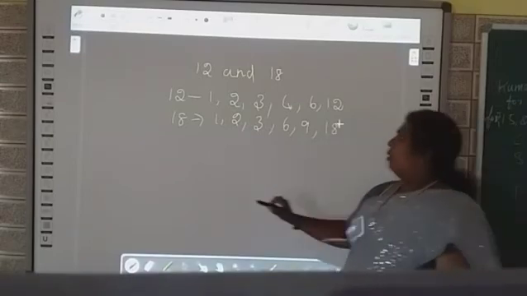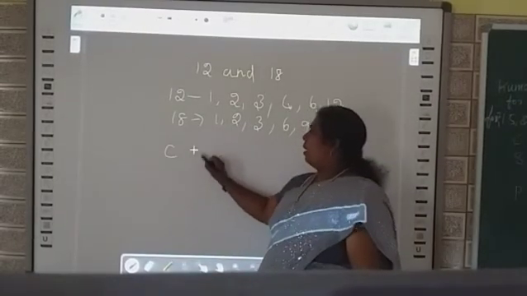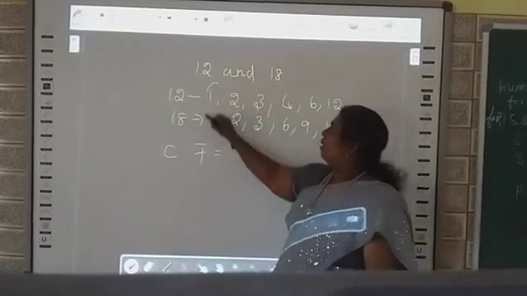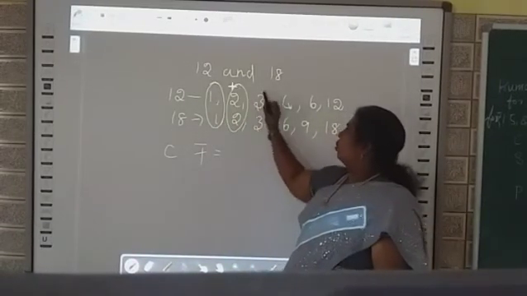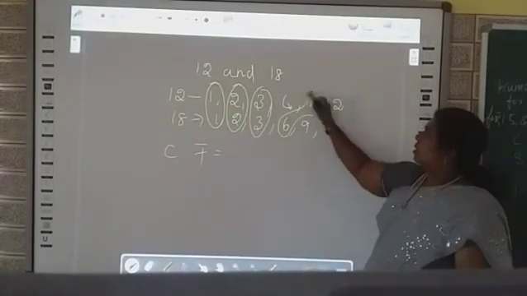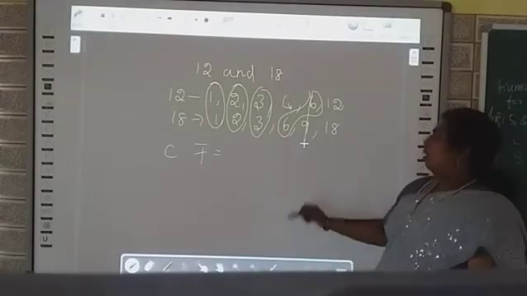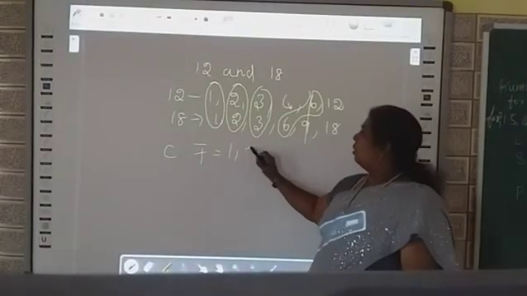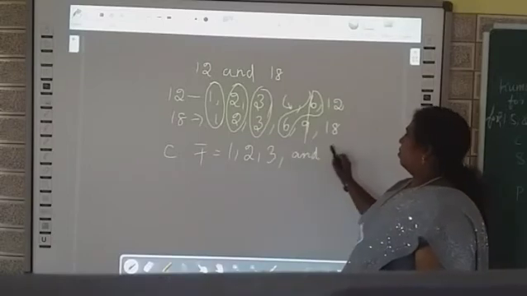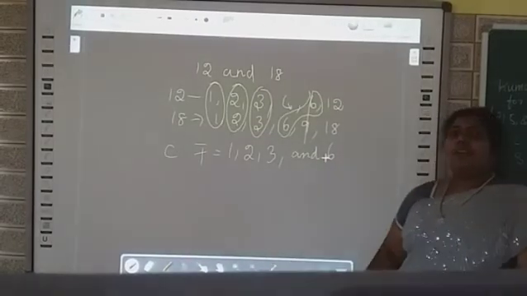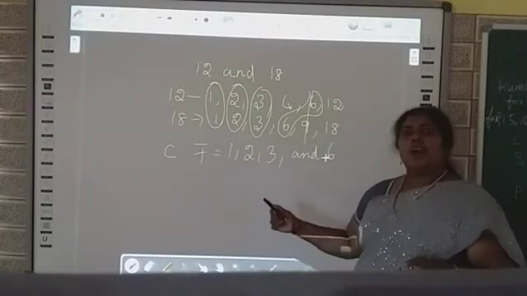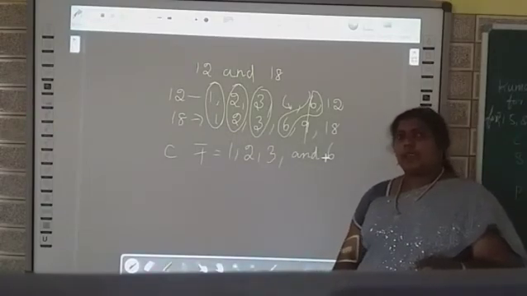Now you can find the common factors. The common numbers are 1, 2, 3, and 6. So the common factors are 1, 2, 3 and 6. If we have two numbers, you can find the common factors. Do you understand now?